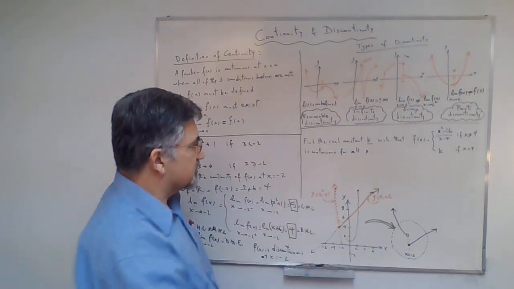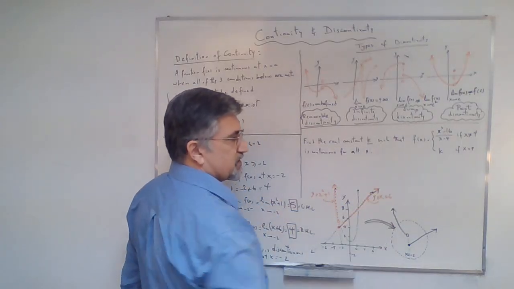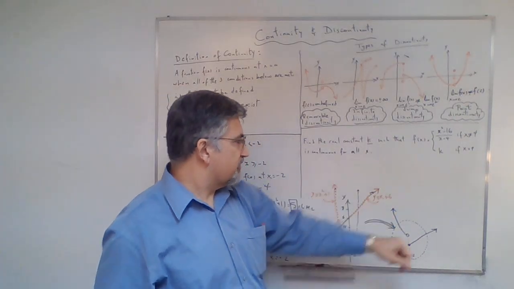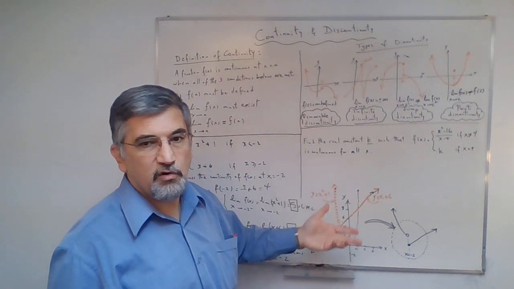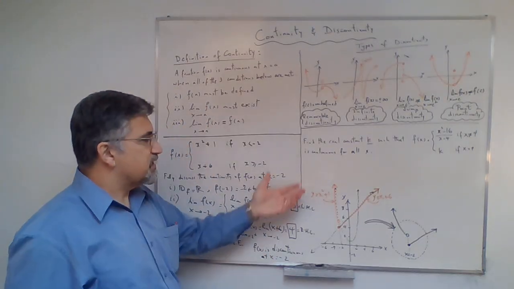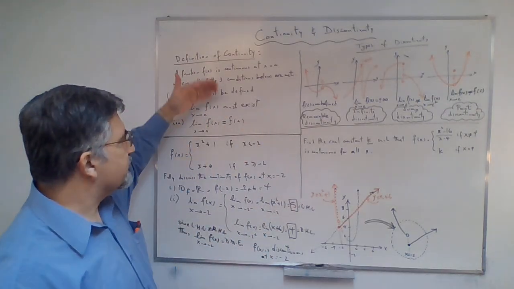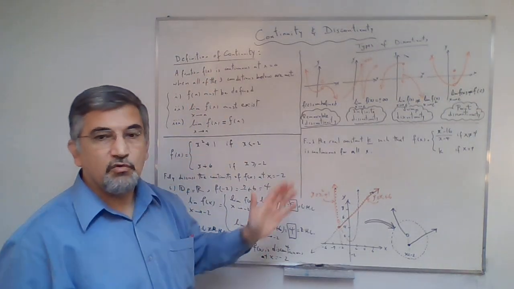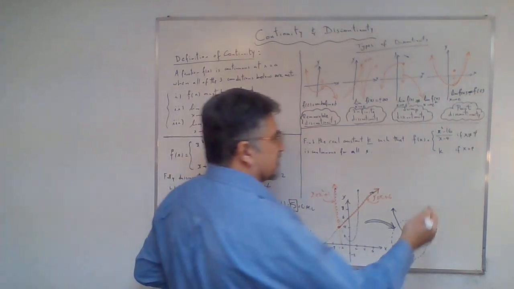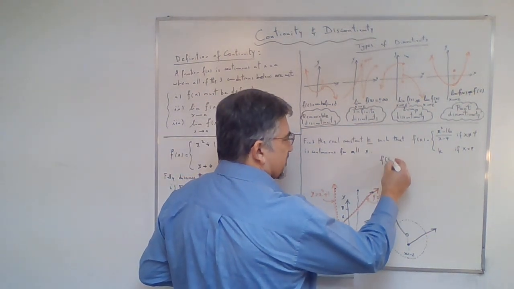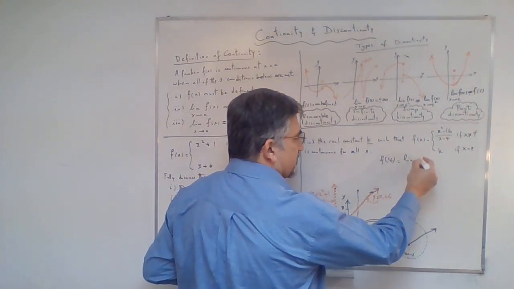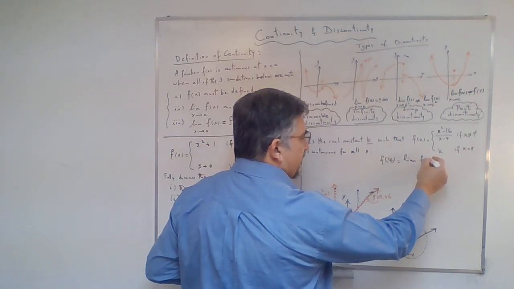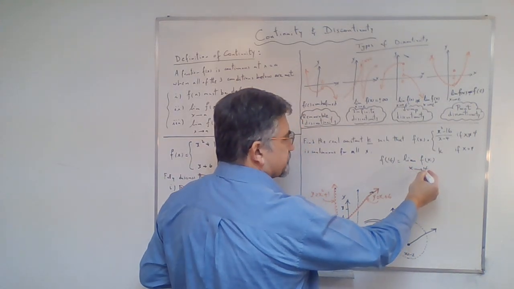There's an exercise here. It says find the real constant k such that f of x, this piecewise defined function, is continuous for all x. When we say it's continuous, it means that all 3 conditions are satisfied, no questions asked. So I can easily say that f at 4 should equal the limit of f of x when x approaches 4.